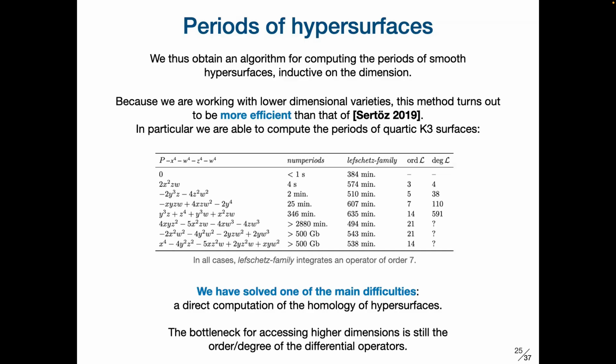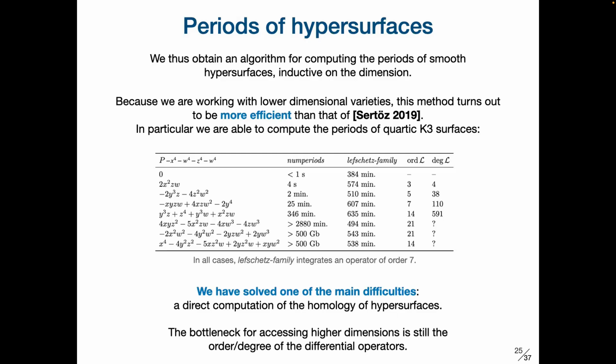And so we have solved one of the main difficulties for computing these periods, which is that we described these cycles of integration explicitly, more intrinsically to the fiber, instead of as the deformation of something bigger. So what we've really gained is one step in dimension.